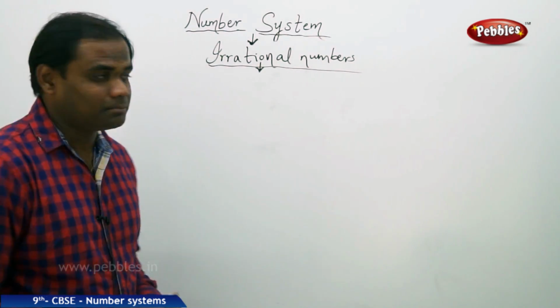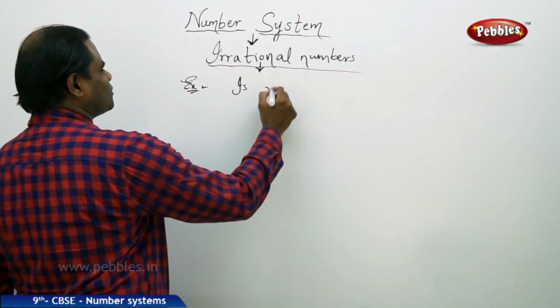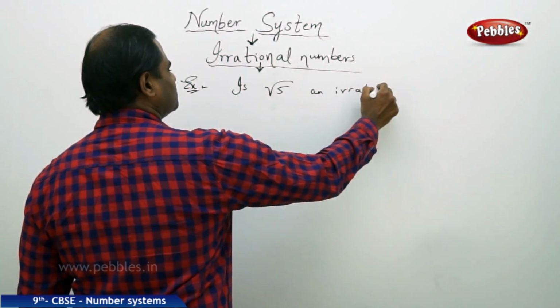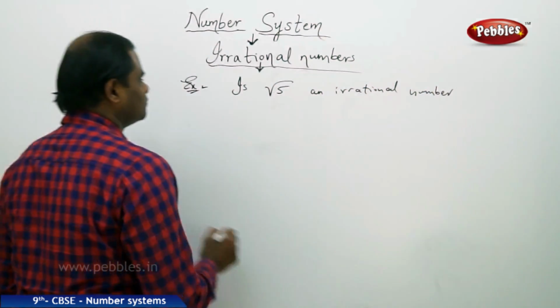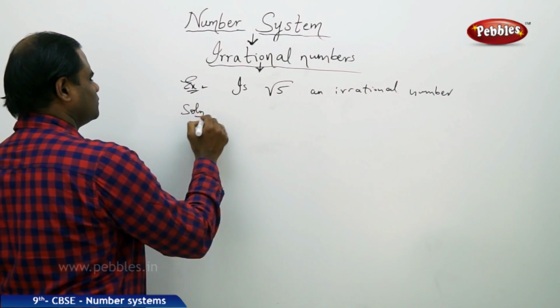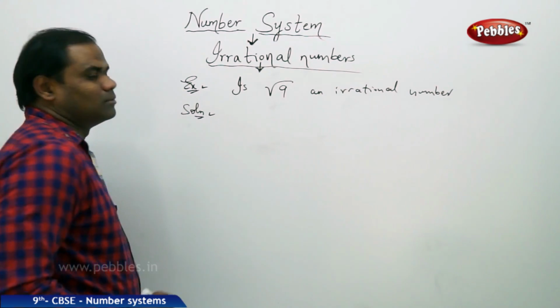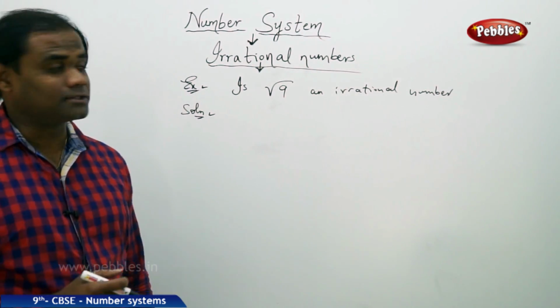So let's take an example problem here which says, is root 5 an irrational number? Or I take root 9, because I just want to have an example which is not an irrational number.